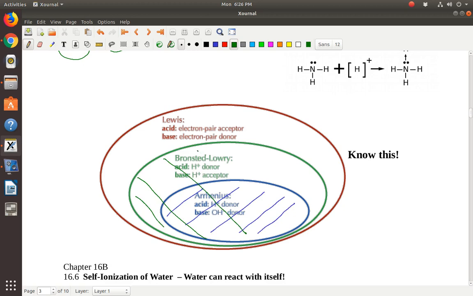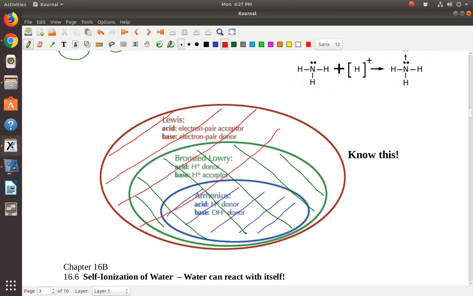You see that? The blue is completely inside the green. And lastly is the red. Now, if it overlaps, that means it's true for all of it. And this is probably one of the things you just have to think about the most.